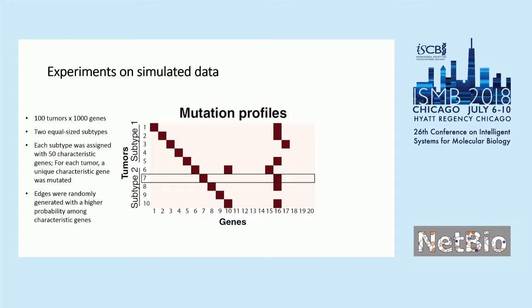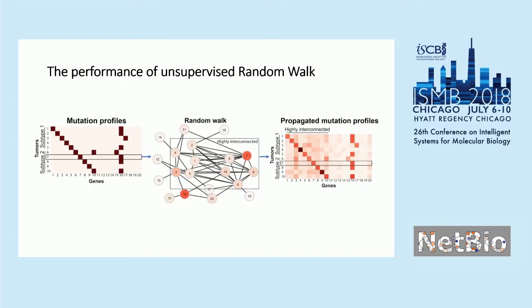The edges were randomly generated with a higher probability among all the characteristic genes and lower probability among the other genes. We first evaluated the performance of the unsupervised version of random walk. In this case, all the edges are equally activated, so the random walk has equal probability to traverse through all the edges, given it's on a specific node.